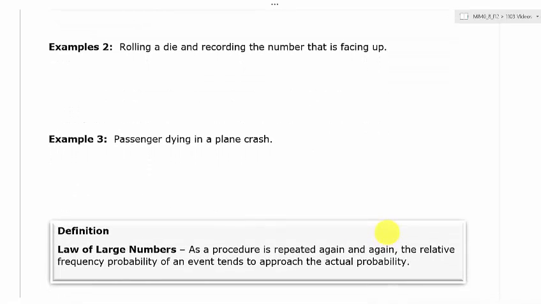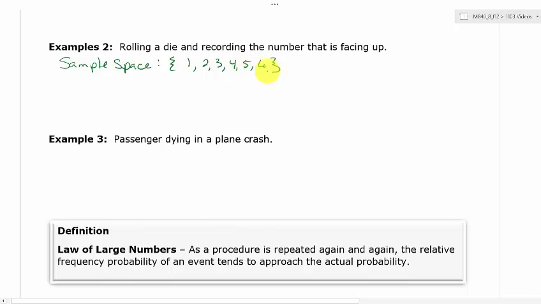So our next example here, rolling a die and recording the number that is facing up. Our sample space would be the numbers 1, 2, 3, 4, 5, and 6. We can talk about this using the classical approach.